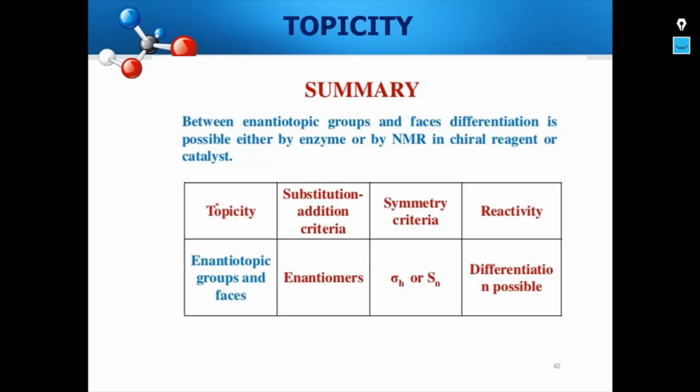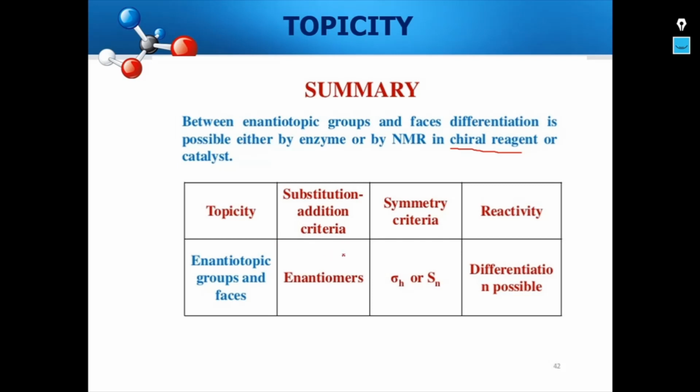Let us summarize. Between enantiotopic groups and faces, differentiation is possible either by enzyme or by NMR in a chiral environment or chiral reagent or catalyst.